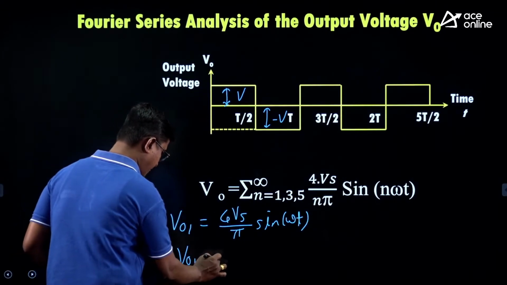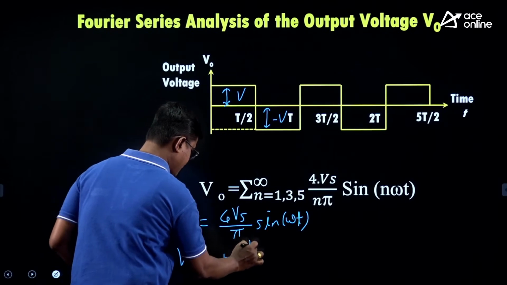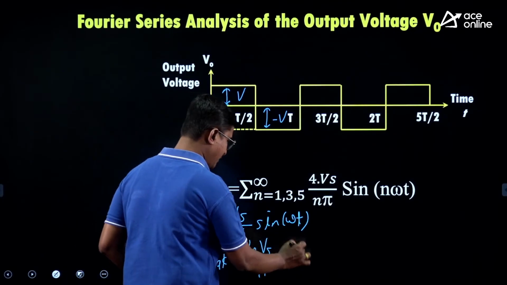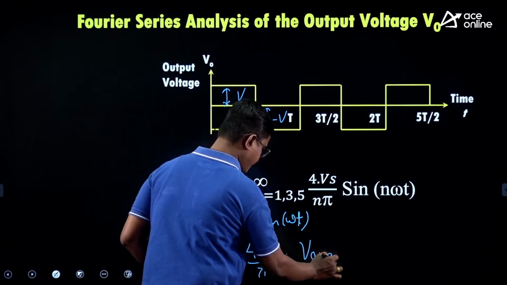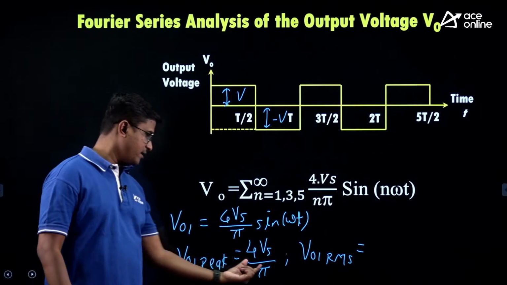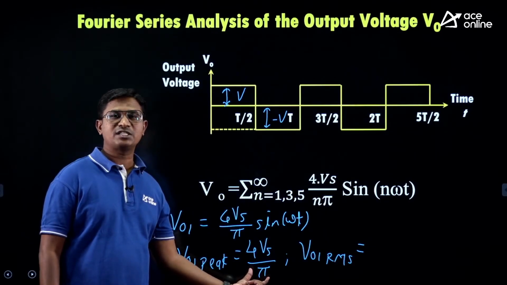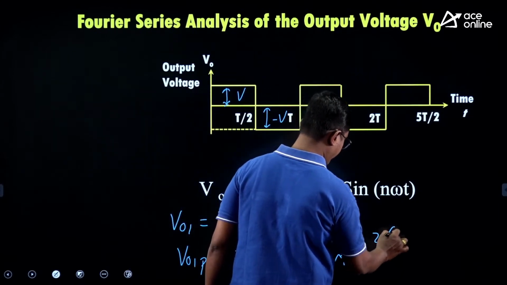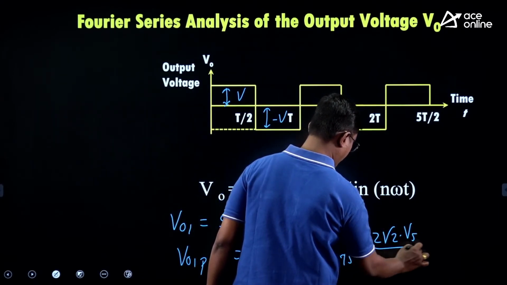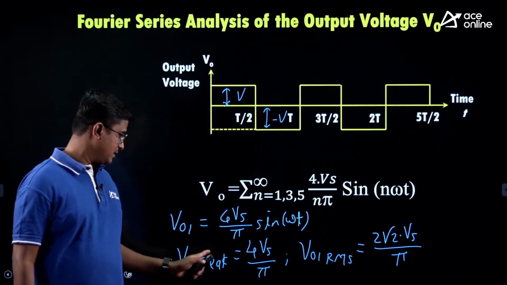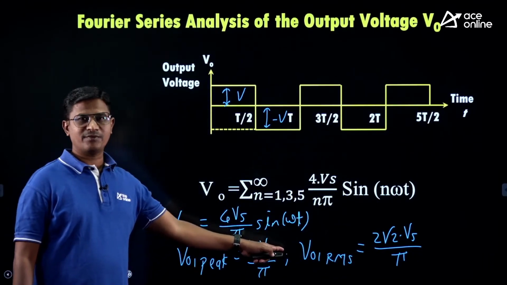V01 peak is 4 Vs by pi. And what is V01 RMS? It is peak divided by root 2, so 4 Vs by pi divided by root 2, that will be 2 root 2 into Vs by pi. This is the output voltage at fundamental frequency.